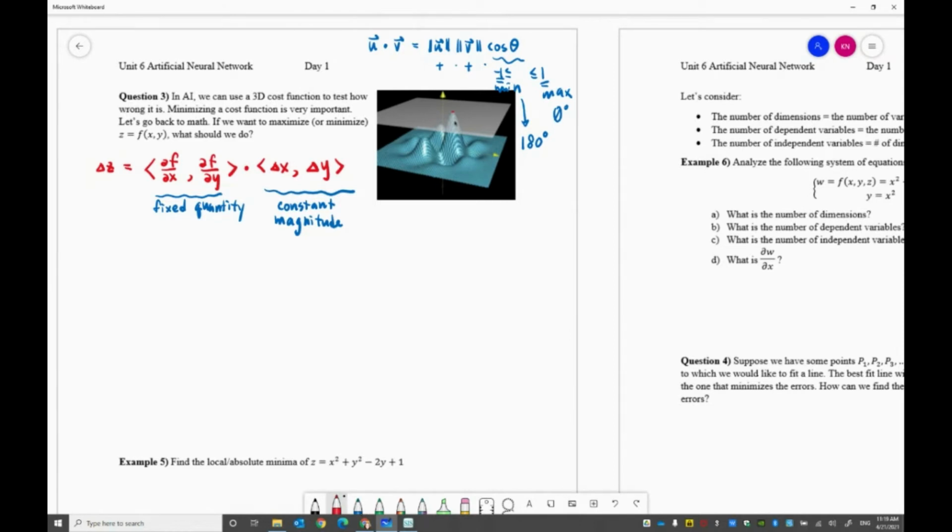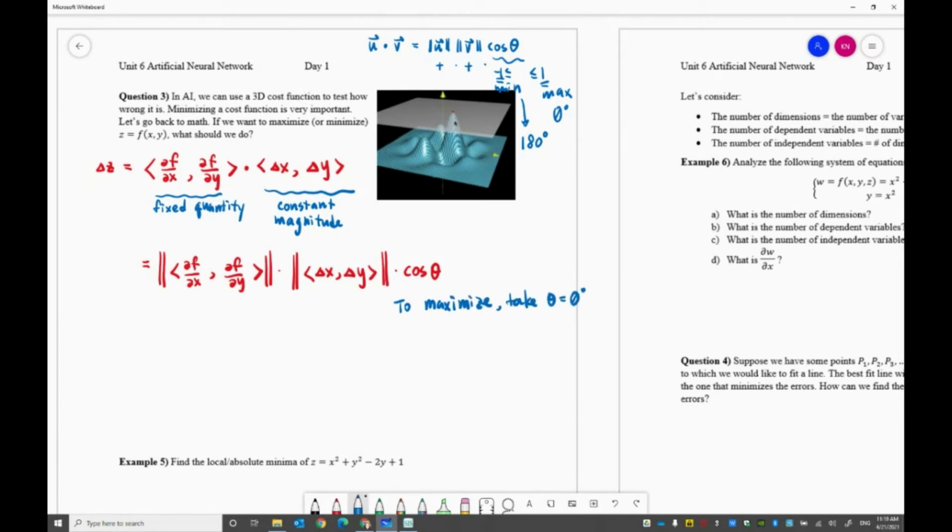So this one I can say the magnitude of the first vector times the magnitude of the second vector times cosine theta. So I can have some notes here. To maximize, take the angle toward 0 degrees because cosine 0 is 1.